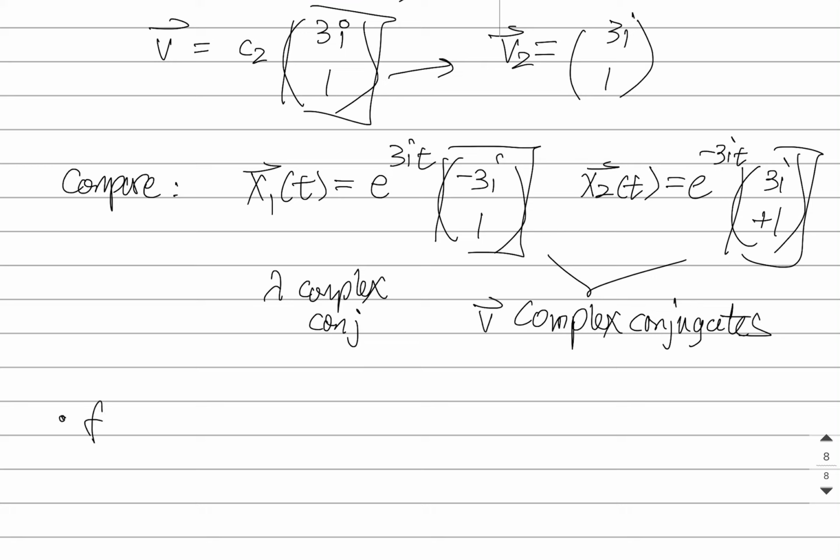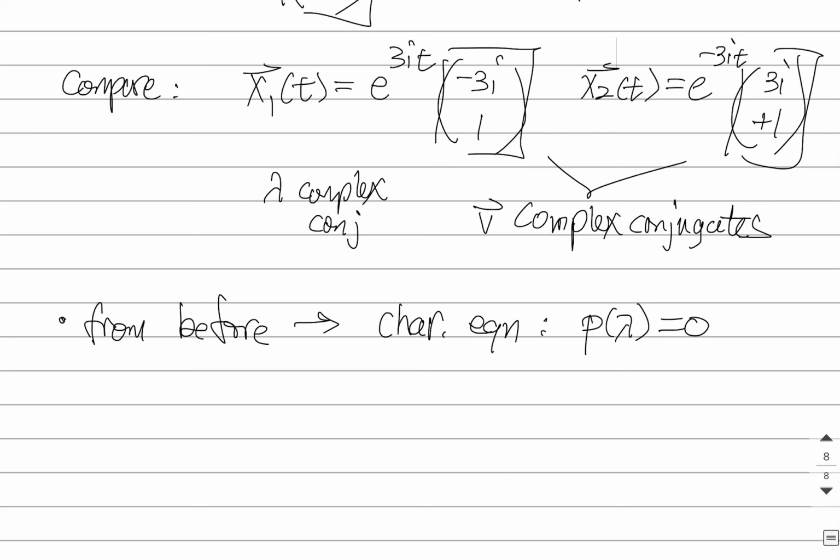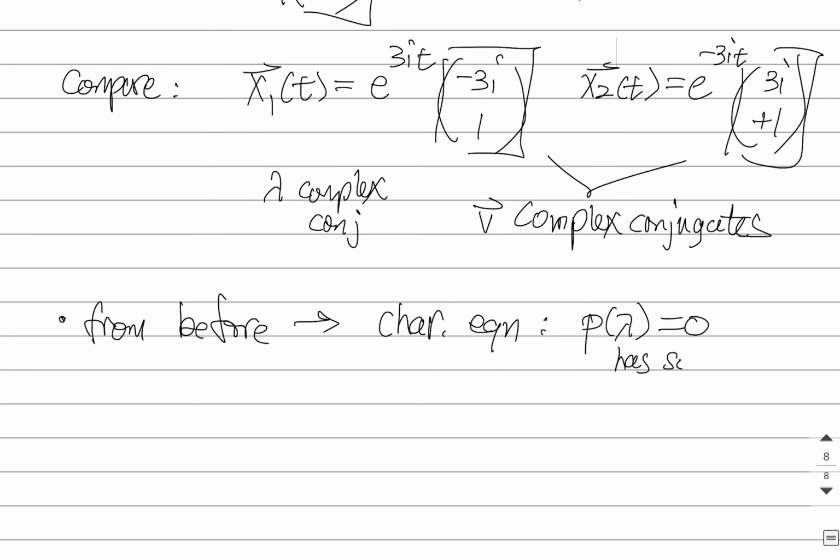Now, from before, we know that, and this is an algebra property, if you have a characteristic equation P, a polynomial equation in lambda that's equal to 0, and it has a solution lambda equals alpha plus i beta, you can prove that lambda equals alpha minus i beta will also be a solution.